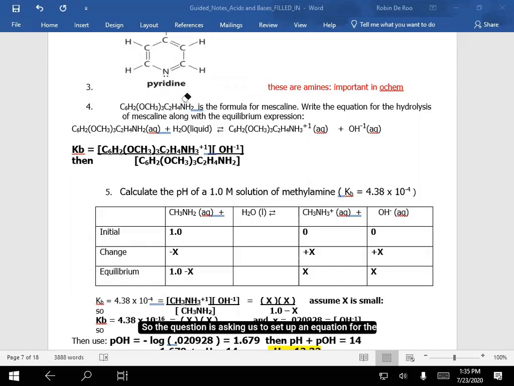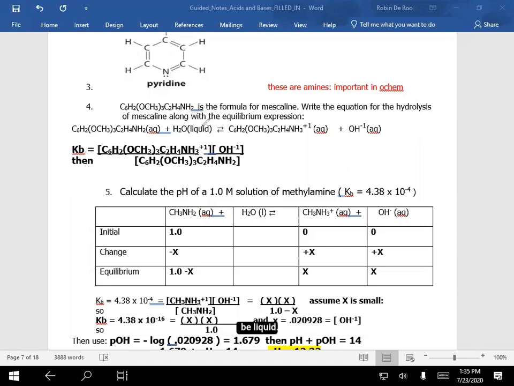So the question is asking us to set up an equation for the hydrolysis of this molecule in equilibrium expression. When we are talking about hydrolysis, that means we're going to add water.